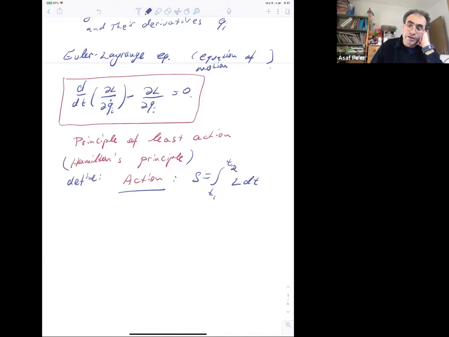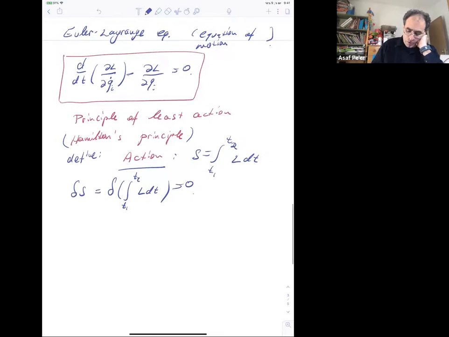And the principle of least action states that delta S, a small variation in S, as we take the integral path from the location of the particle at t1 to the location at t2, has to be minimum. So when we take delta of the integral from t1 to t2 of L dt, it needs to be equal to 0.